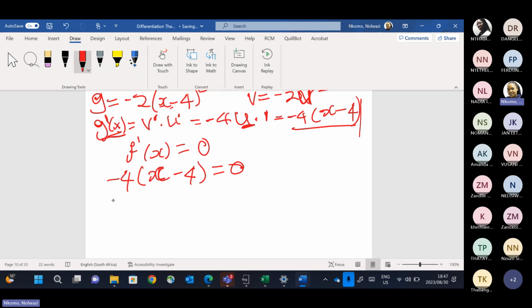Okay, we'll say -4 into x star minus 4. And besides, I said we'll use x star to represent the stationary point, and here we are trying to find the stationary point.